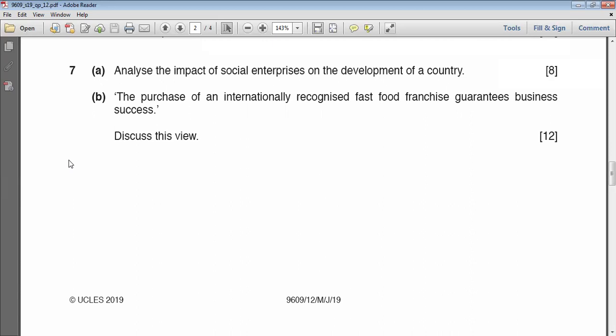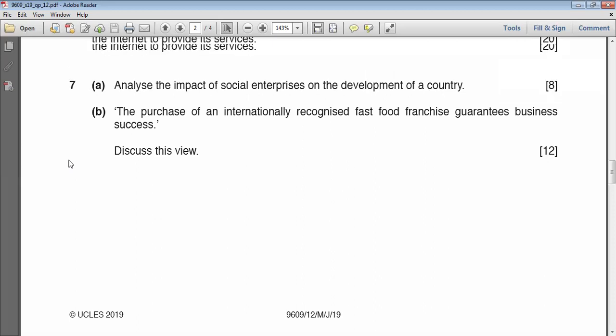It can ask what is the impact of social enterprise on the development of a country, or the impact of a certain concept on something. Again, same strategy: 3 or 4 points is encouraged so that you can elaborate the analysis completely and gain the full marks.